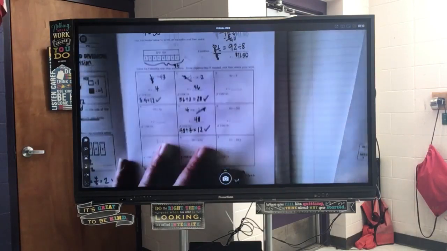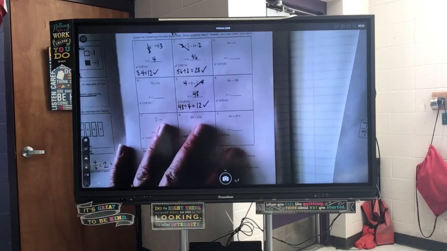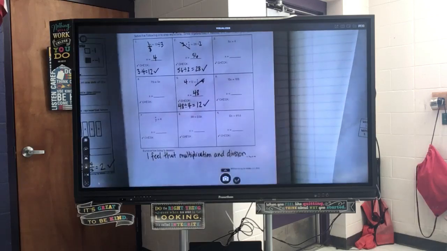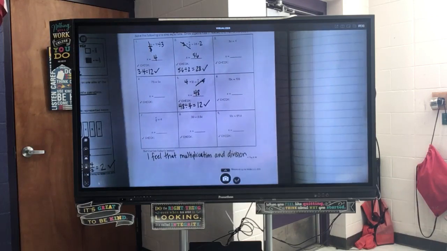Question 9, okay. So, question 9, you have 12x equals 69 and 6/10. Now, when you're going over this, what operation is going on between the 12 and the x? You're multiplying them.